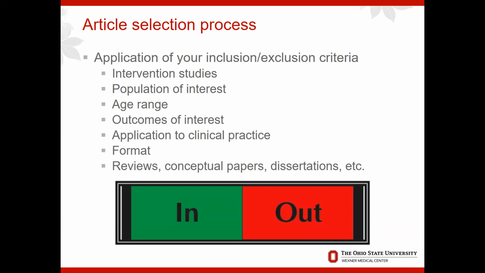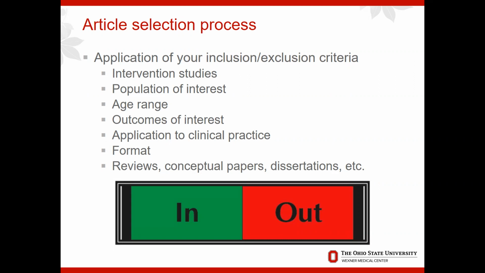And that in and of itself is certainly interesting and has a role in the grand scheme of translational science, but is less applicable to clinical practice. And so as you think about setting up your inclusion exclusion criteria and putting actual criteria on paper, you might want to think about how you're going to decide with your group mates whether or not an article is going to be relevant to the clinical practice setting.